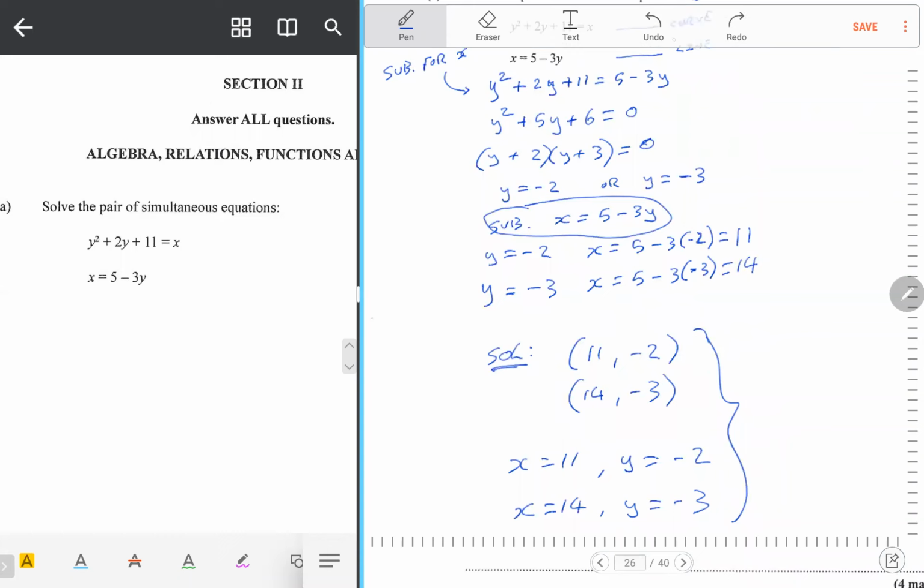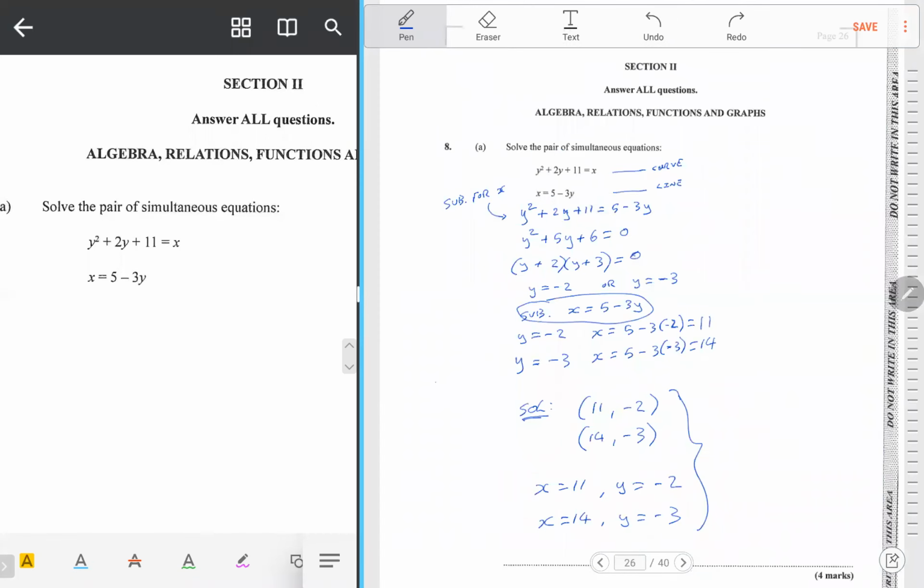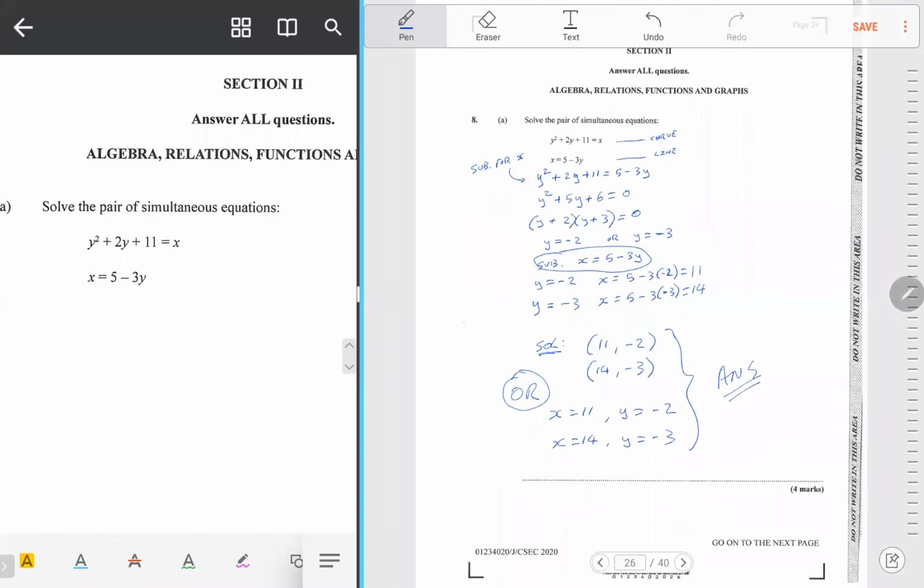This one just says solve, so it's okay. Leave it like that. Any one of those you write will be the answer, so these will be our answers presented either of those two ways. All right, that is that part. Moving down now to the next question.